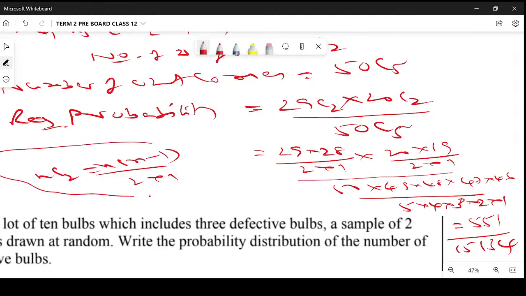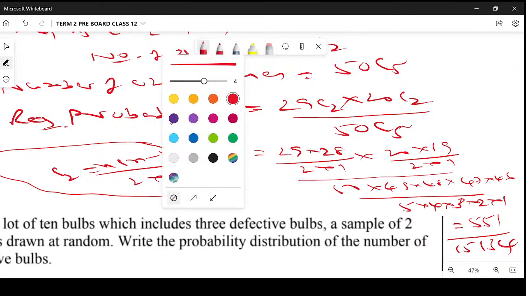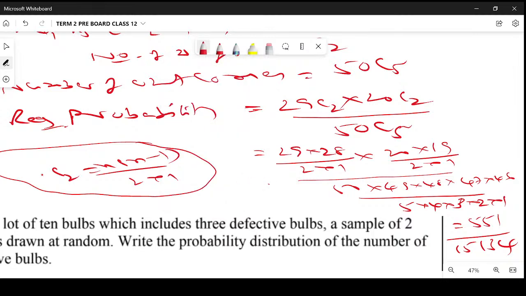I have taken it like this, and I simplified. This is the required answer.